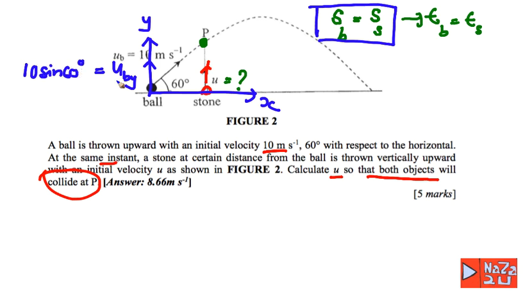This is the initial U for the vertical axis. And for the stone, U is only on the Y axis, meaning the U here is UY, but this is for the stone, and this is for the ball.